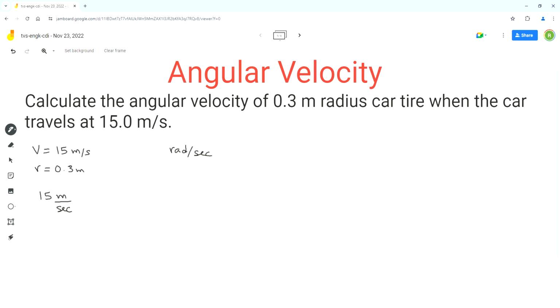We have to convert the unit meters per second to radians per second, and for that we'll analyze the rotations of the car tire. In one full rotation, the car tire rotates through an angle of 2 pi radians or 360 degrees.